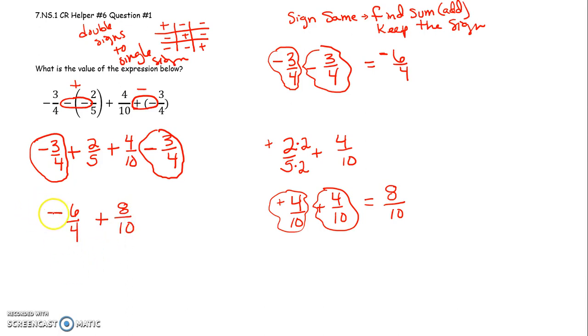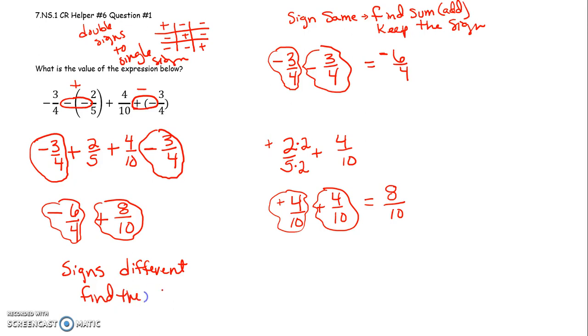At this point, I look and I say, ooh, let's look at these signs now to combine these. You're going to notice, hopefully, those signs are different. So if the signs are different, I need to find the difference.